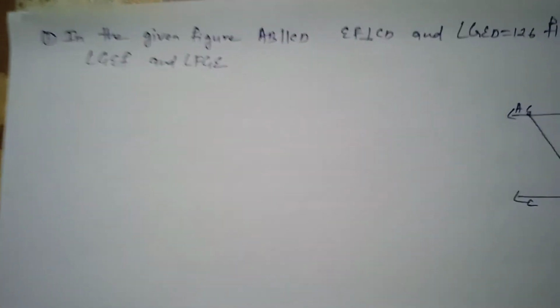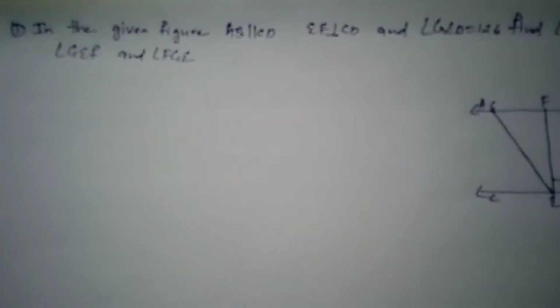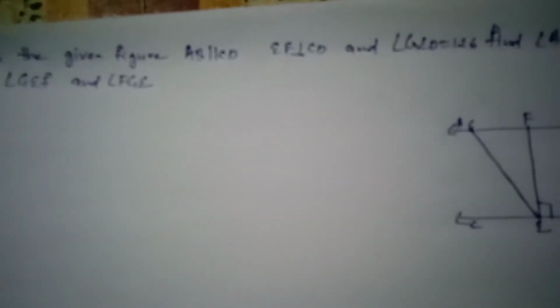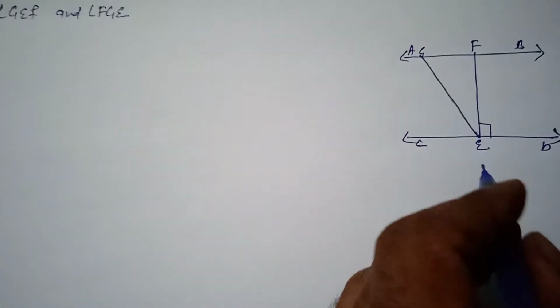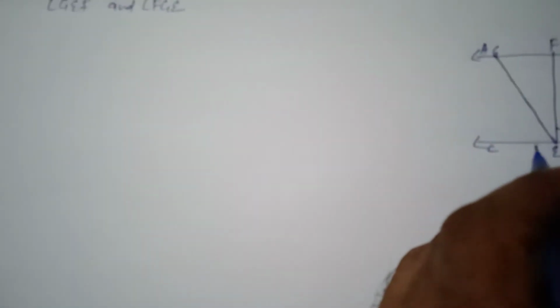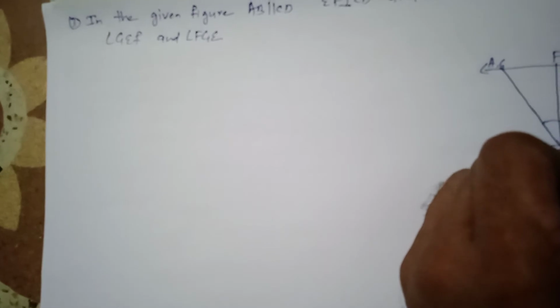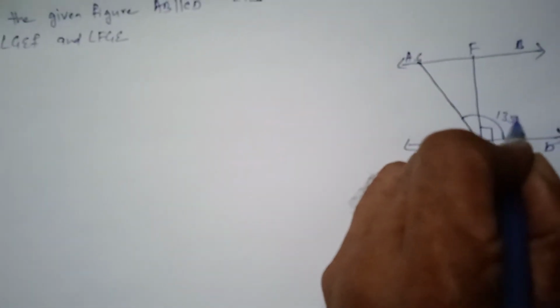In the given figure, if AB parallel to CD and EF perpendicular to CD, angle GED is equal to 126. Find angle AGE. Now with the help of the given information, we can clearly know that angle GED, this complete angle is given to us, 135.